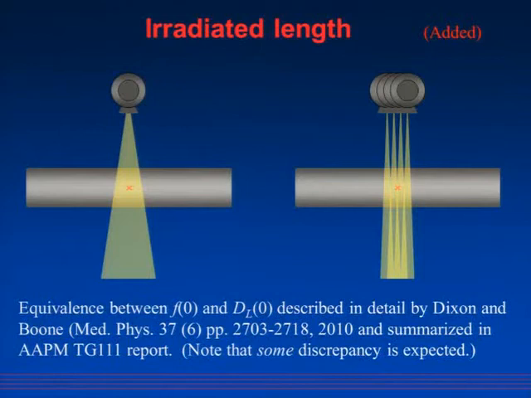And of course, if the beam width is shorter than 10 centimeters, which is the irradiation length used in calculating CTDIvol and CTDI100, then the dose that the phantom is getting in the central plane is lower than the number for CTDI100. If the irradiation length is longer than 10 centimeters, the dose is going to be higher. It's going to follow that H of L curve. So there's nothing wrong with getting CTDI100, but that is not the patient dose.